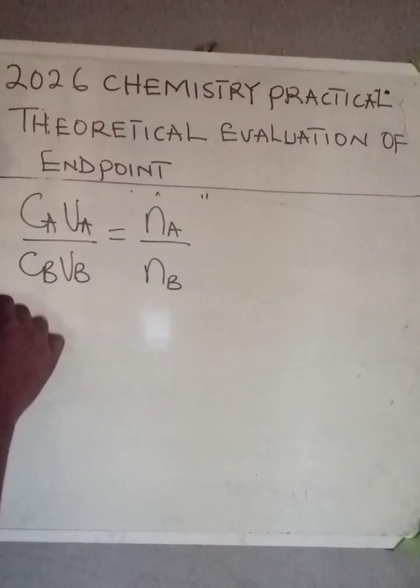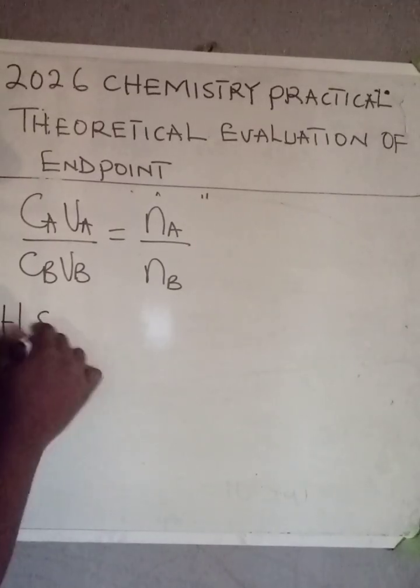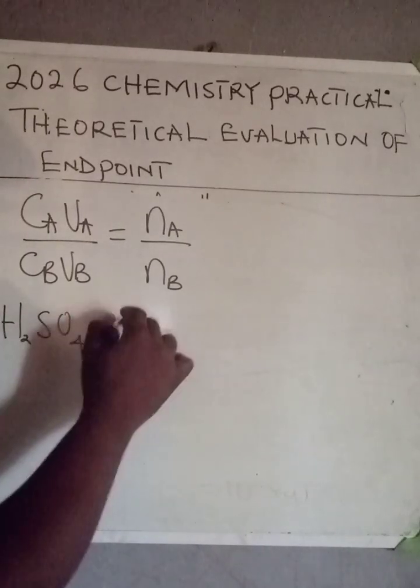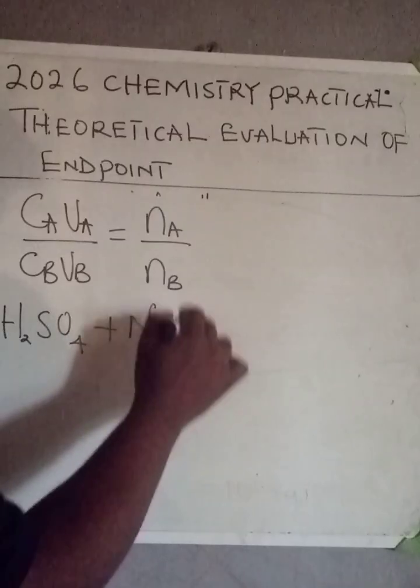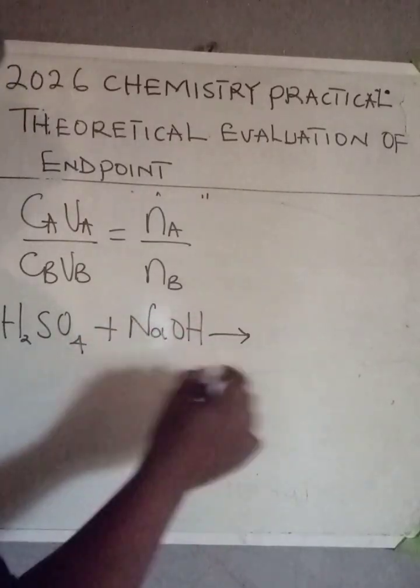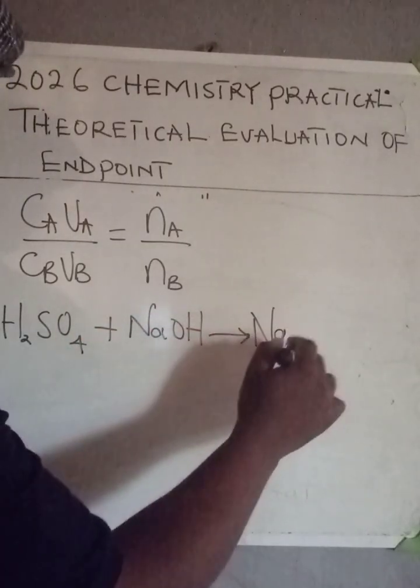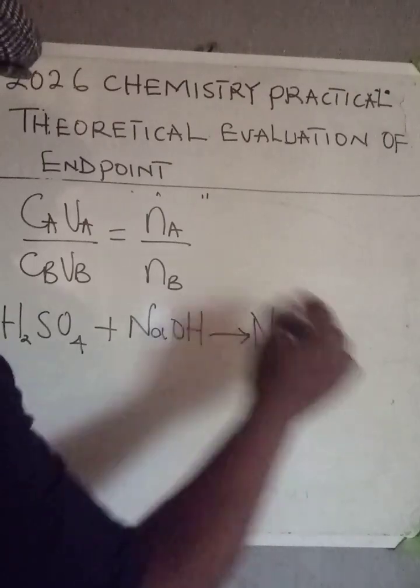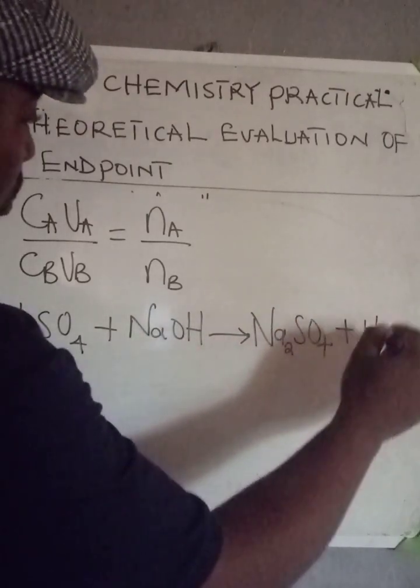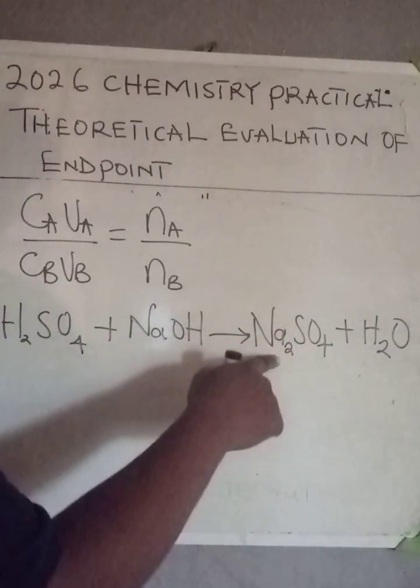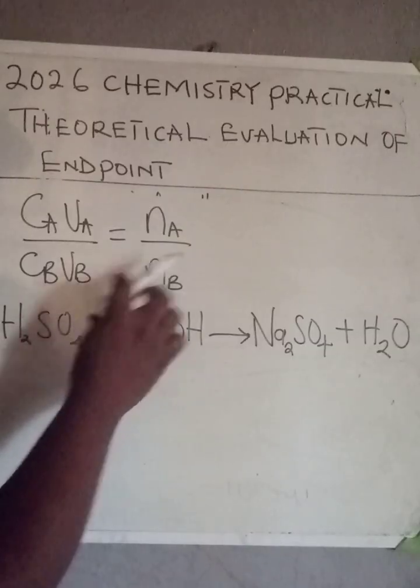Now don't forget that the equation for the reaction involving sulfuric acid and sodium hydroxide is this. When they react, you will get the salt, sodium sulfate, plus water. So to balance the equation, because of sodium, I need to put 2 here.